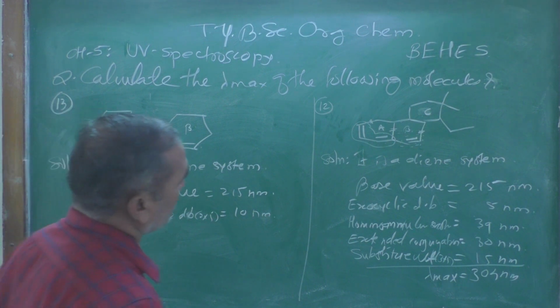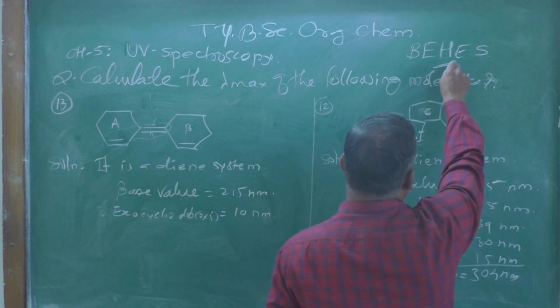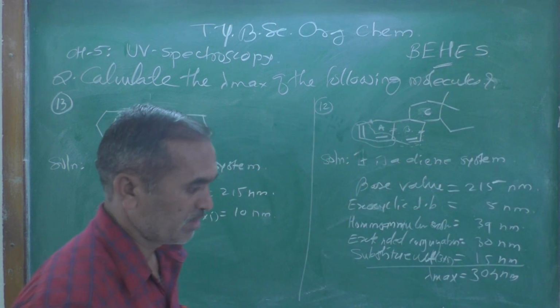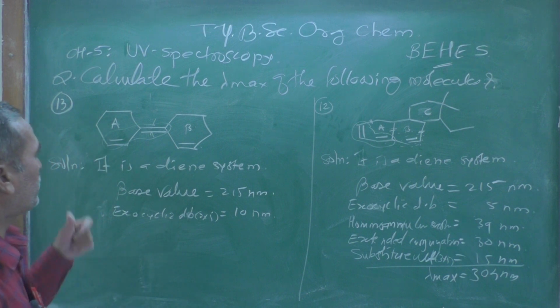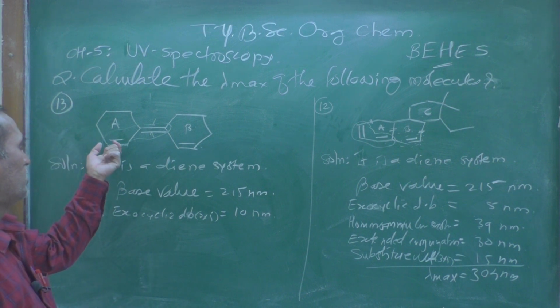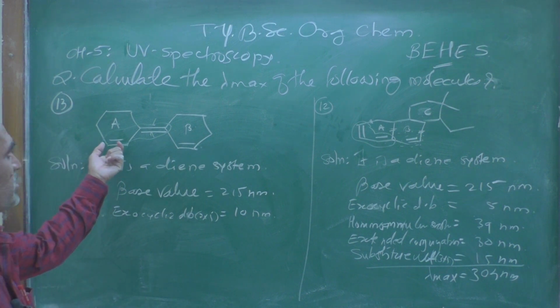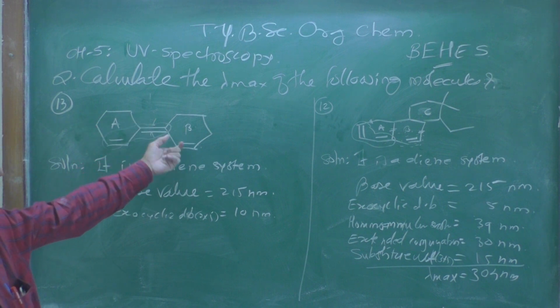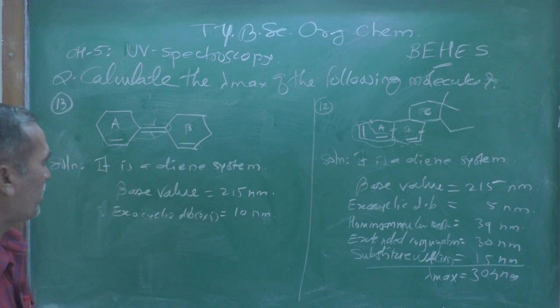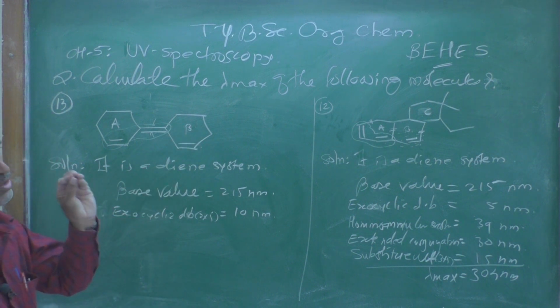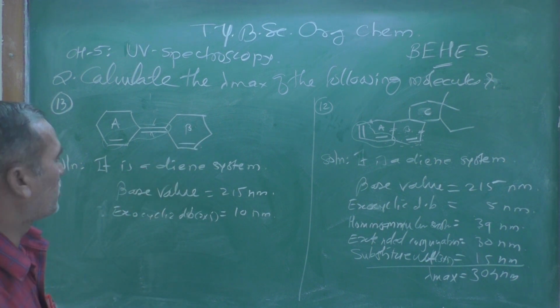Now what is the next thing? The next thing will be the homoannular system. Does this molecule contain a homoannular system? No. Look, only one double bond is present in A ring, and another double bond is present in another ring, which is B ring. And therefore there is no homoannular system.